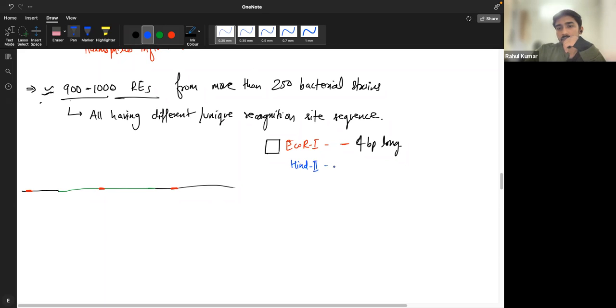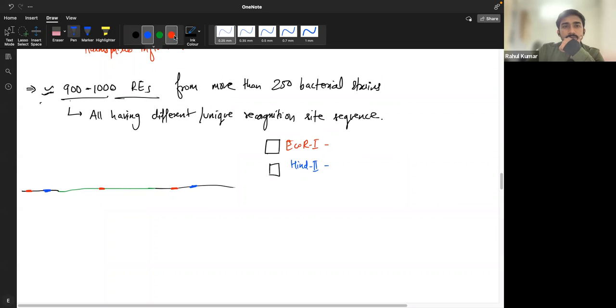Then I'm using HindII. Let's say, for example, this also has 4. Base pair is not important, so I'm not telling you about base pair. But I'll tell you where the sites are. For HindII, the site is here and here.